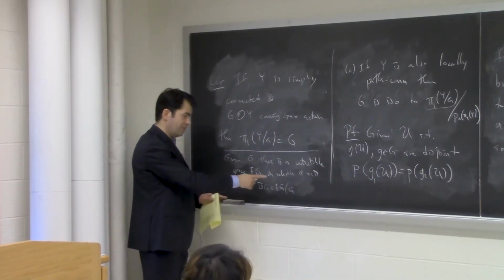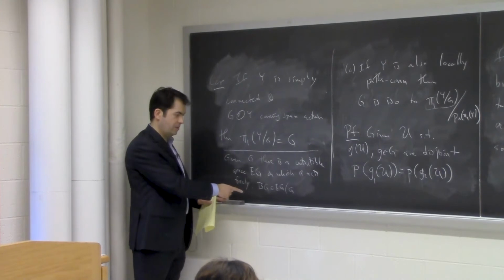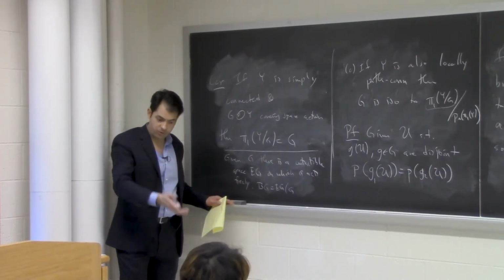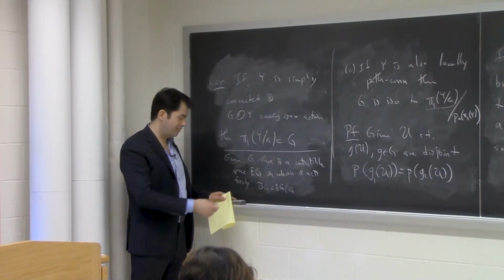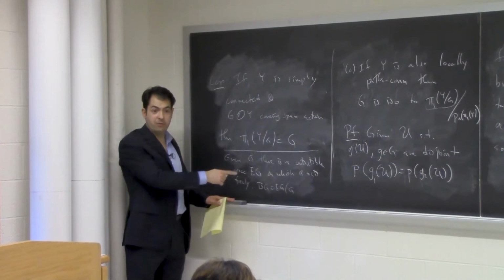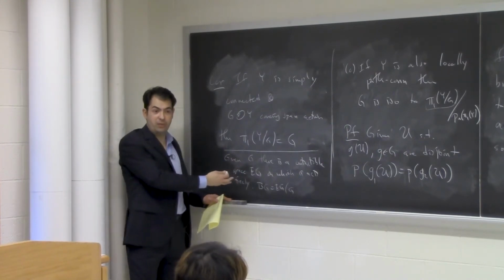But now you have a free action of G, and so now your space is very well behaved with respect to the group action, and no worse behaved with respect to topology.